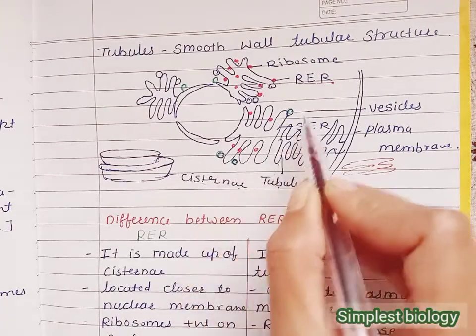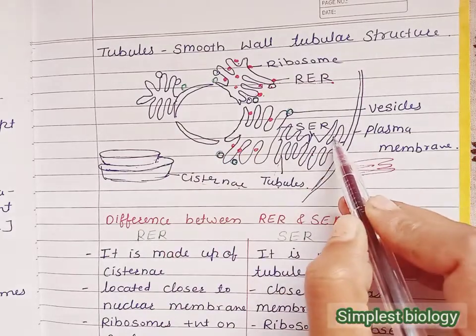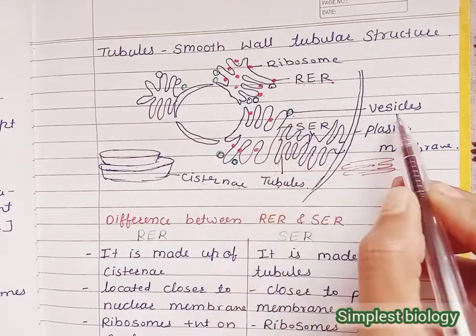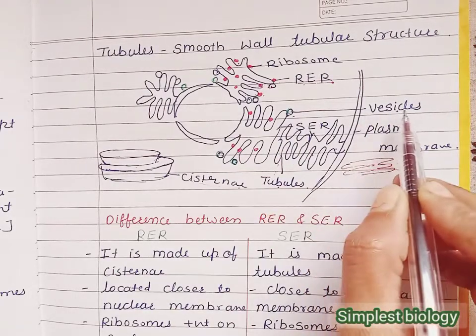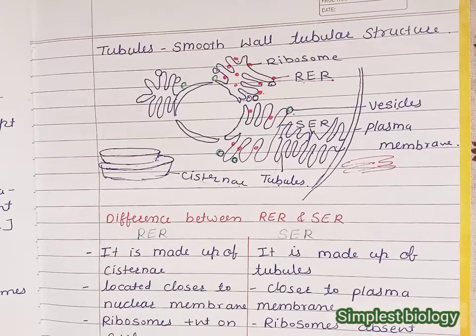Some rounded structures are also attached to both the smooth and rough endoplasmic reticulum, and we call them vesicles. This is the structure of the endoplasmic reticulum.